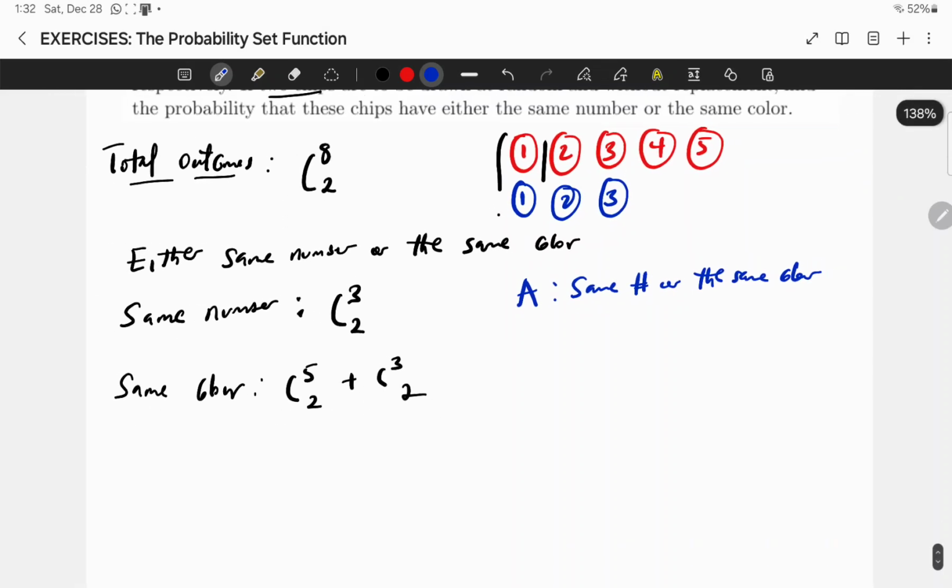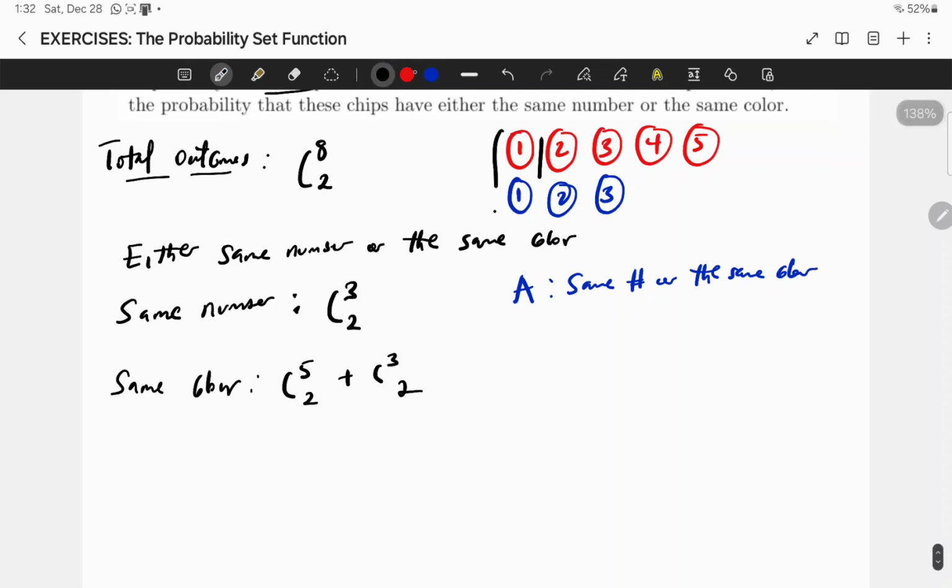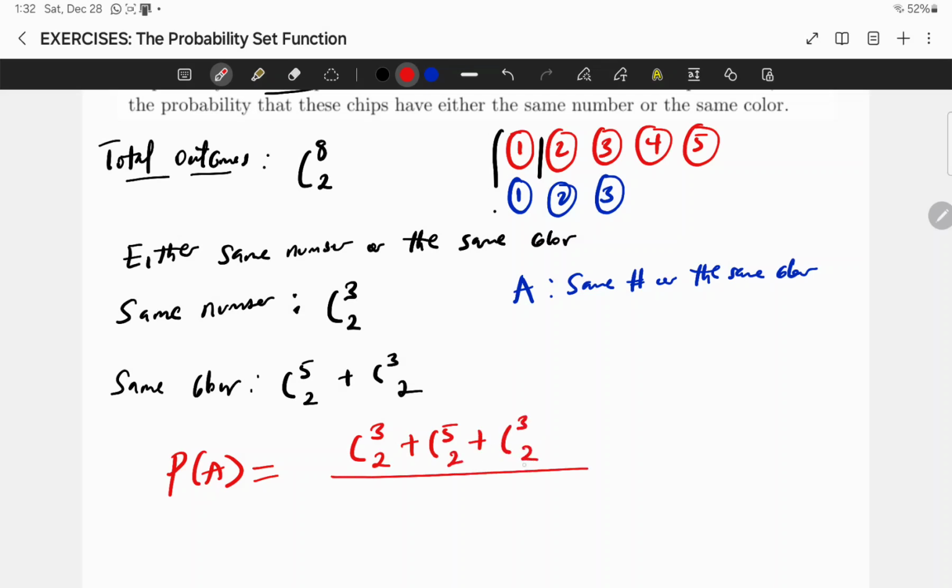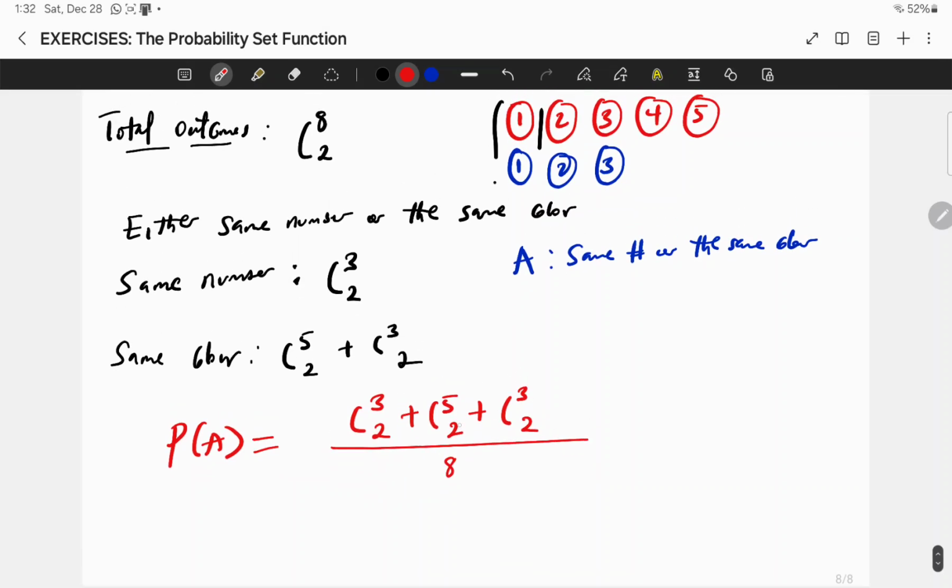So probability of A now equals to the addition of all the cases we have, which is 3 combination 2, that is same color or same number, of our total outcome, which is 8 combination 2.